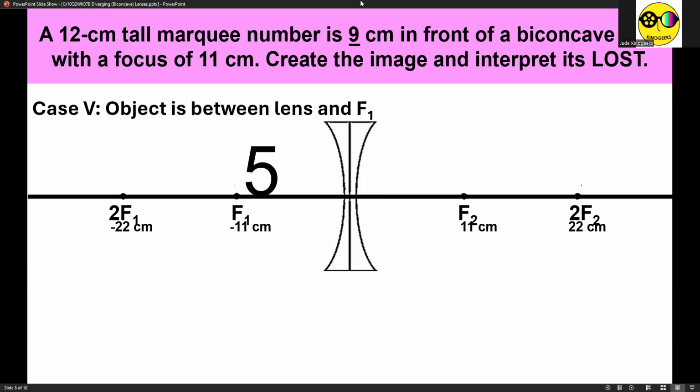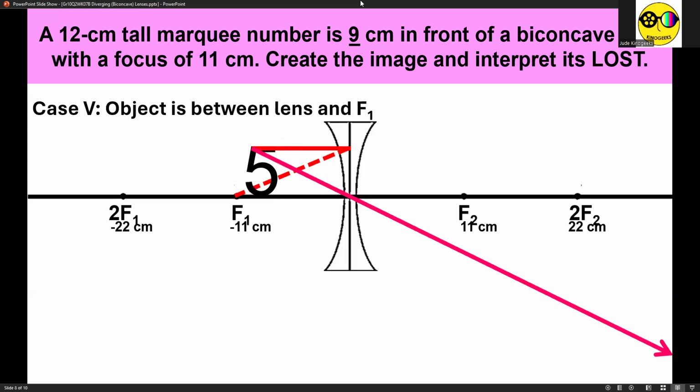Our object number 5 is placed between the lens and F1. Normally, in case number 5 there is a deviation compared to cases 1 to 3 and even case 4, no? So, as we found out earlier this morning, almost nothing changed when it comes to the image. It's always between the lens and F1.